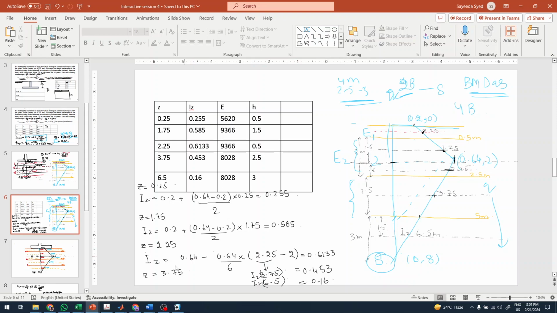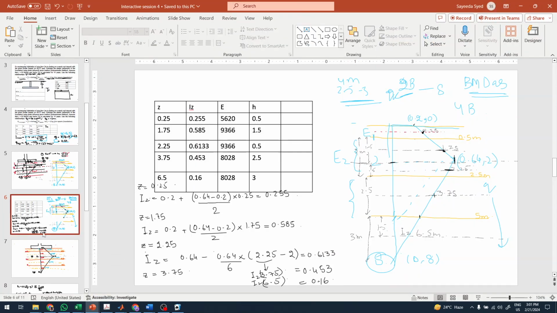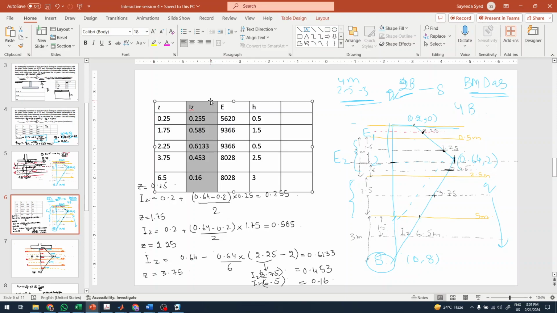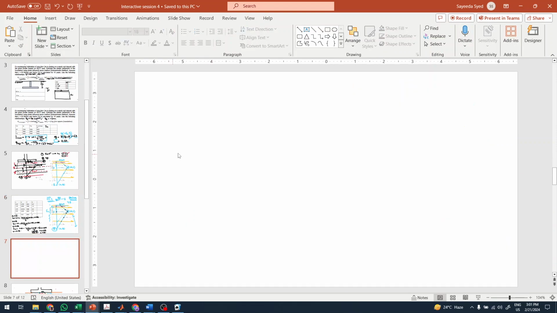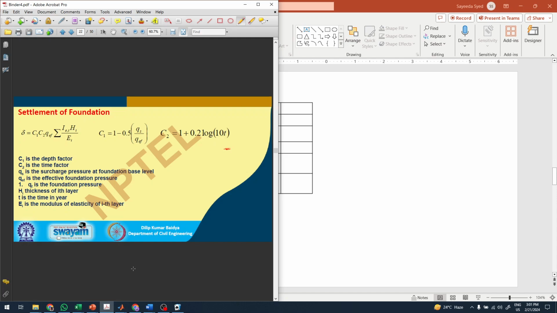So what we need to calculate is, let me actually clear the slide a little bit. Okay, so let's write the Schmertmann formula here so that it gets easier.